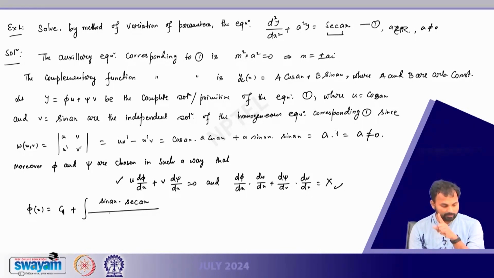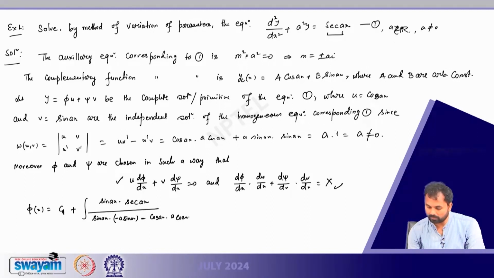So, we have v into du dx, that means v is sine of Ax, and du dx will be minus a sine of Ax, minus u into dv dx. So, u is cos of Ax, and then dv dx is a cos of Ax, right.